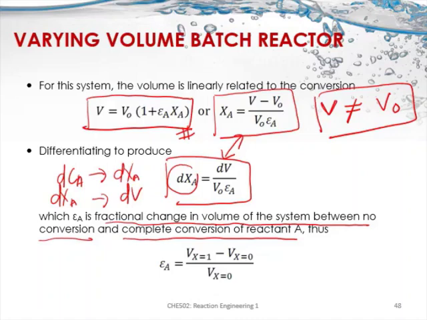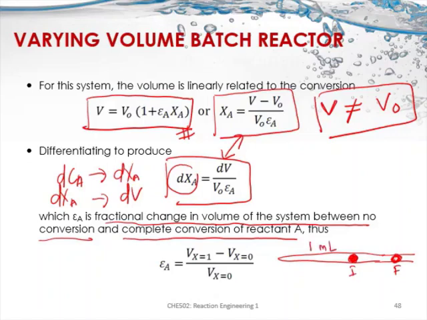If you refer to the previous slide, you have a reactor with a bead. This is initial, and then this is the final. Let's say the volume here is 1 ml.